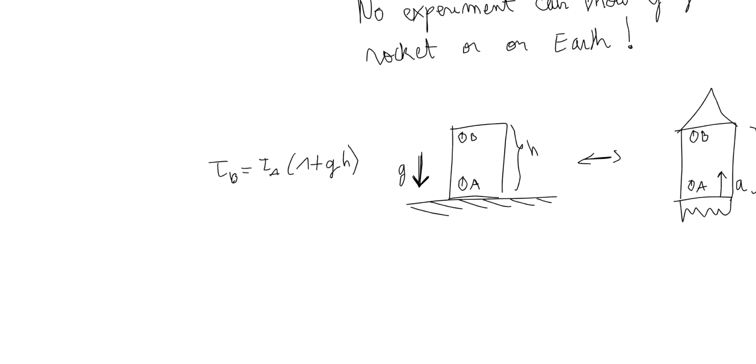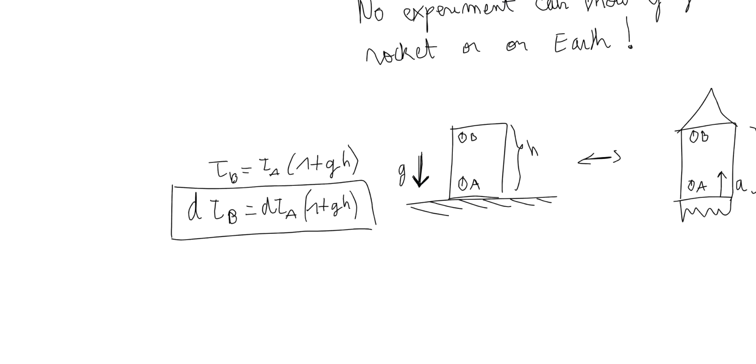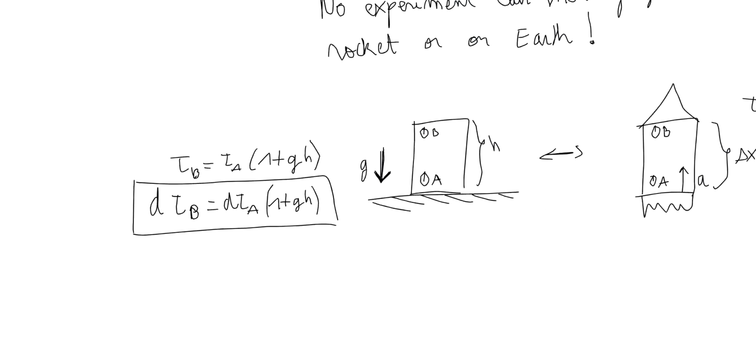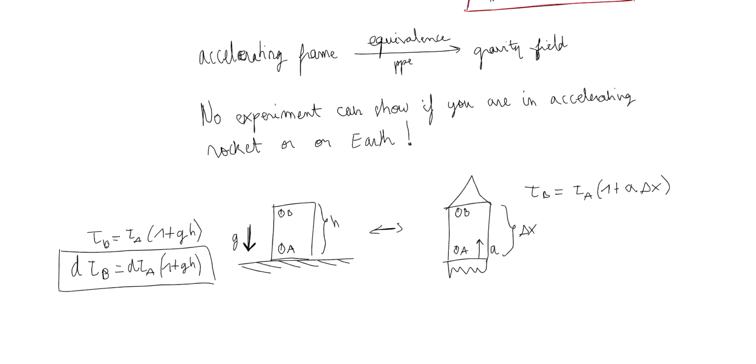Or in infinitesimal step, d tau B equals d tau A times 1 plus g h. Okay, and now with this infinitesimal element, d tau B, we can ask ourselves the very last question, now that we see that those cases are equivalent.